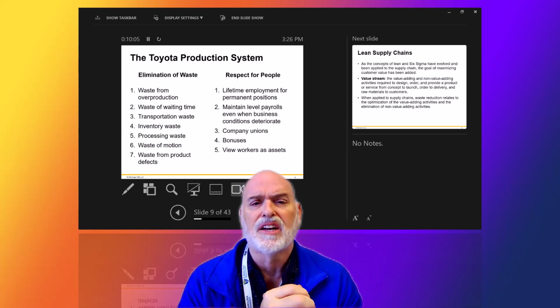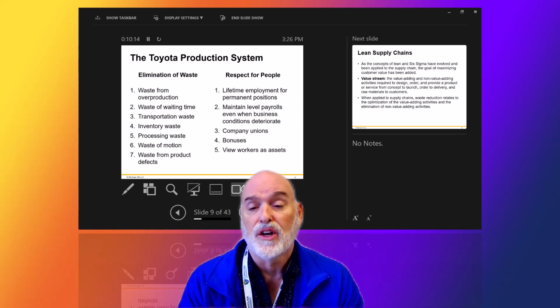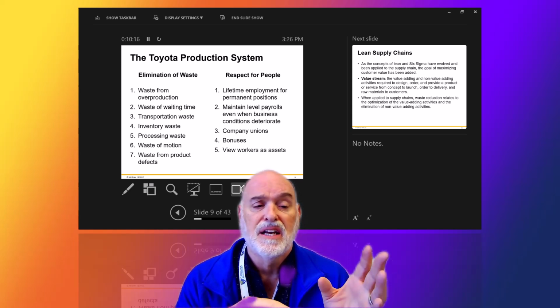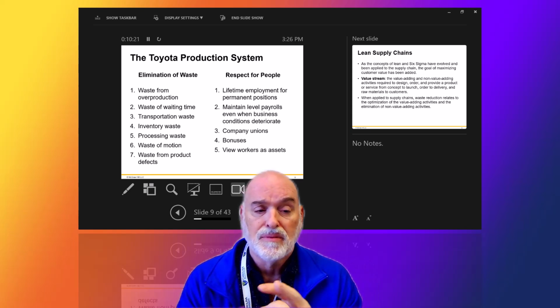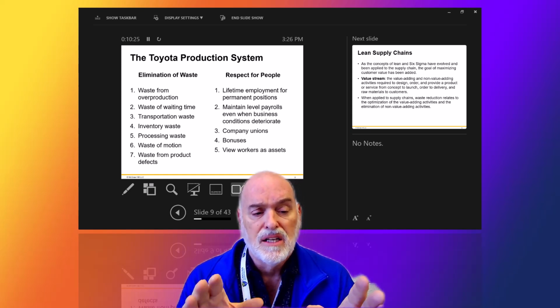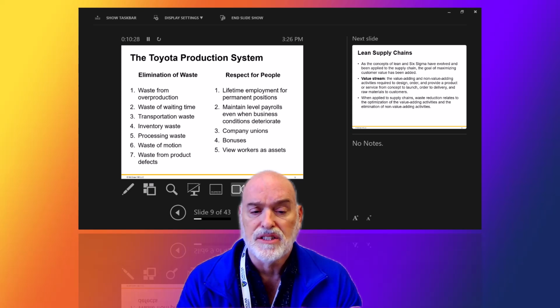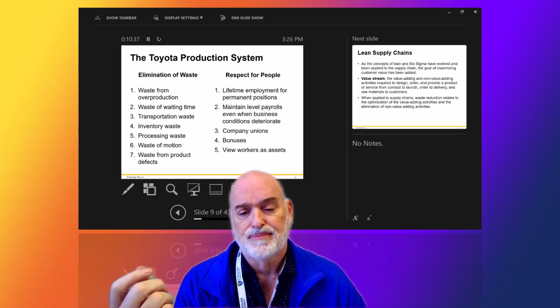As a matter of fact, I think the Honda Accord was the number one car in the United States for maybe 20 years. But the production system that Toyota had was very good because it had elimination of waste and also respect for people. And you can see from this PowerPoint slide some of the things that the Toyota production system was prevalent in terms of elimination of waste and respect for employees.